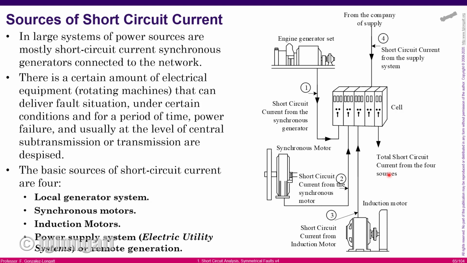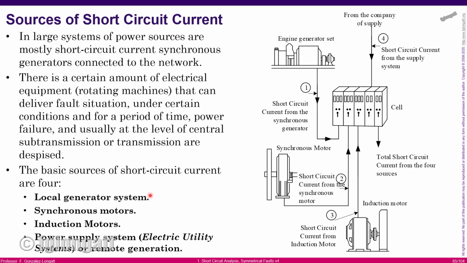When you have a short circuit inside your power system, all the rotating machines directly connected to the power system will produce current that will be added to the short circuit current. It will be a contribution to the fault. What are the main sources of short circuit current?